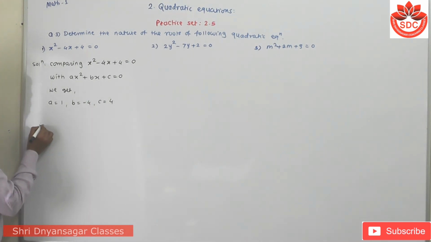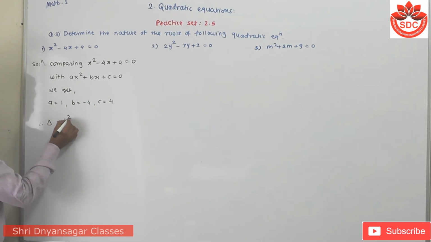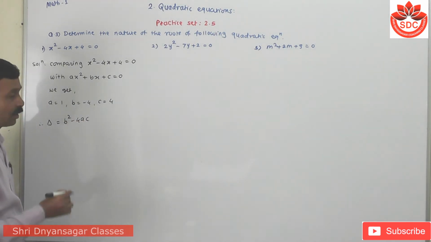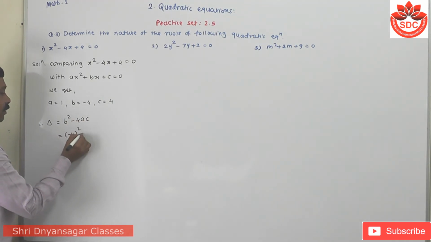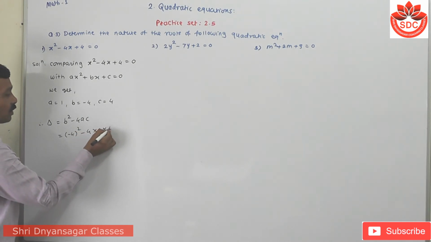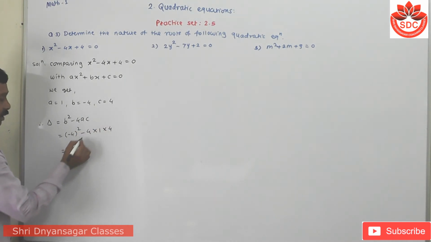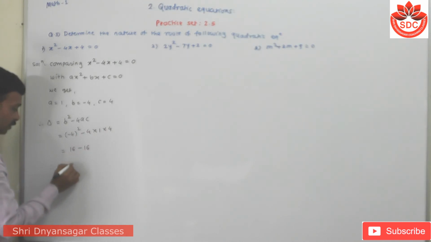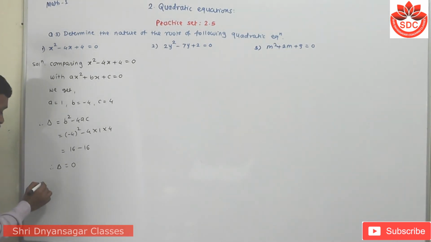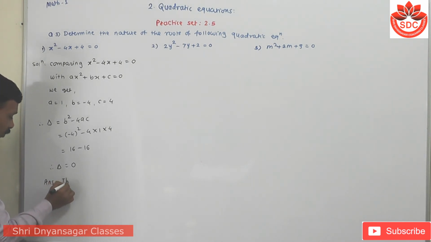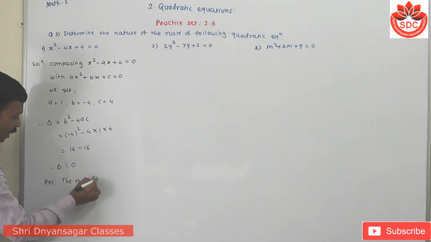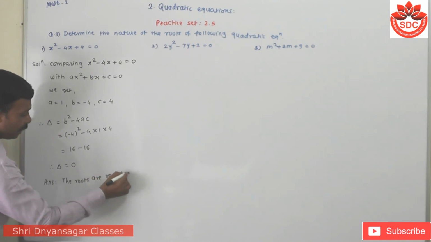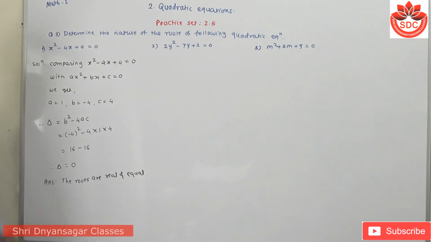Then the discriminant delta is b square minus 4ac, which is minus 4 square minus 4 into 1 into 4. That is 16 minus 16, so delta is 0. Therefore the roots are real and equal.